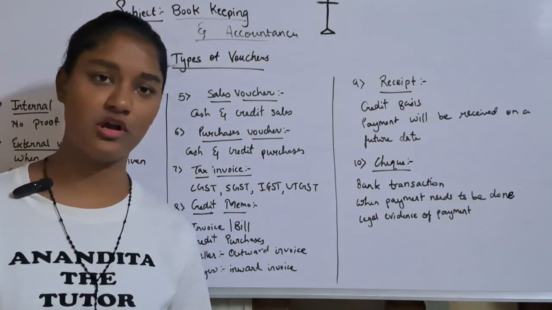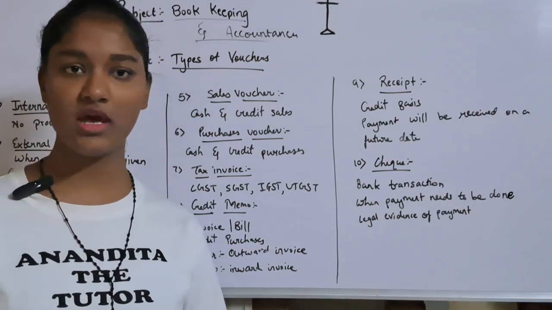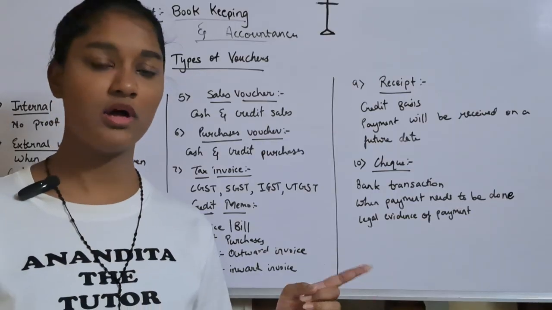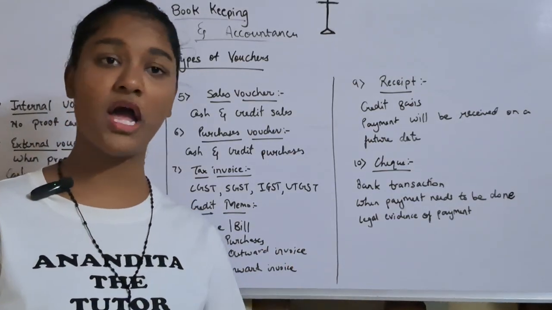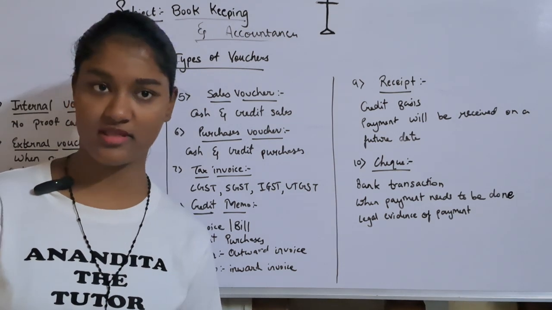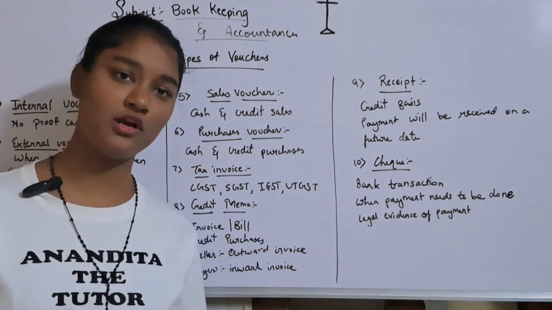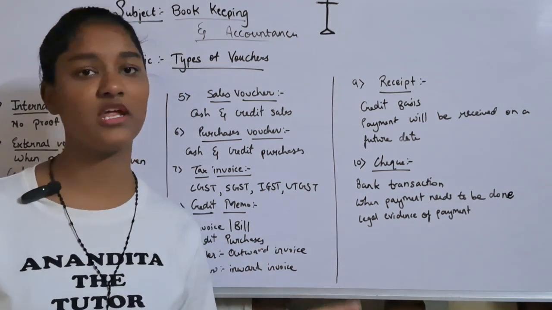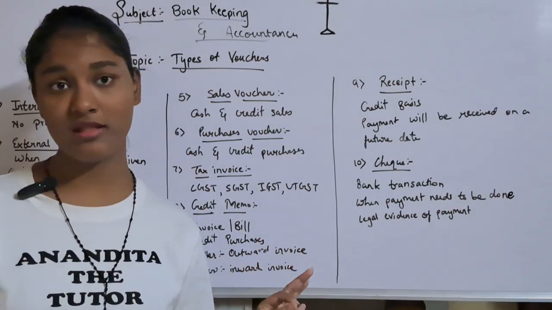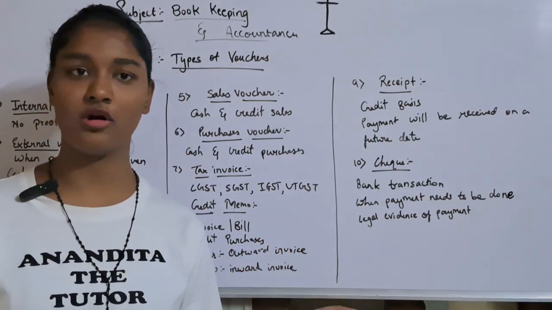So that is called a cash transaction, and for the shopkeeper, he has sold the pen. That is a cash sale, and it can also be recorded in the sales voucher. And when there is a credit sale, where you say I will pay later, that sale will also be recorded in the sales voucher.